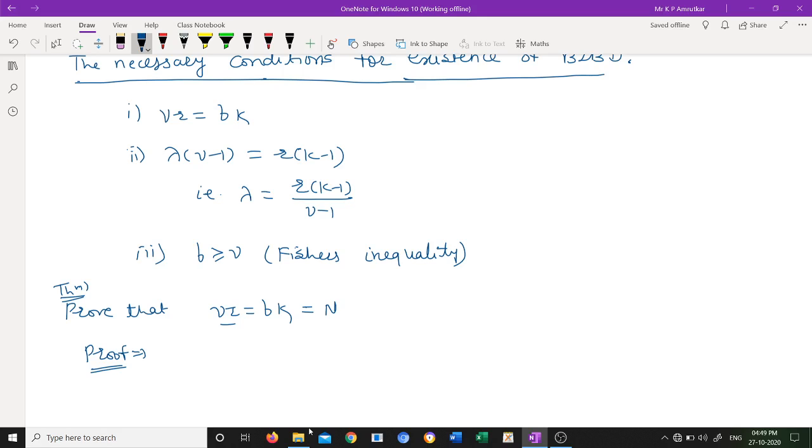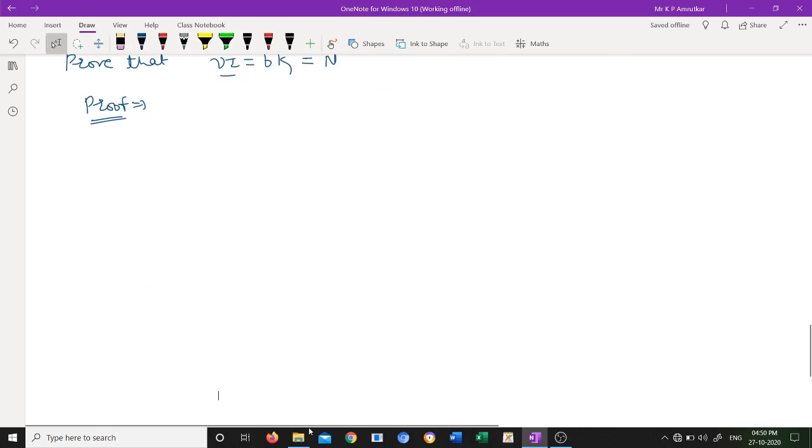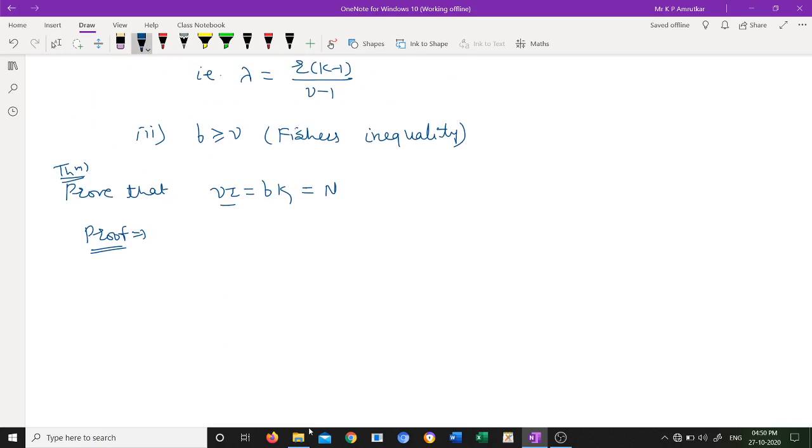So the total number of plots is VR, and also it is BK. So VR equals BK. A very simple proof of this theorem.